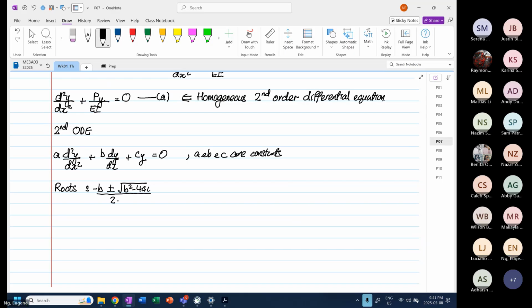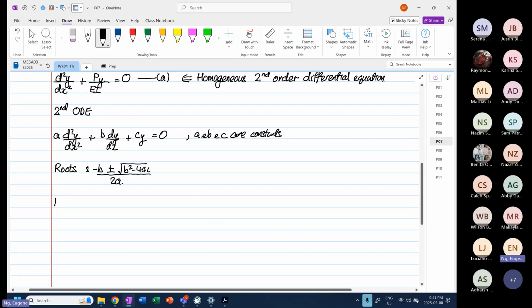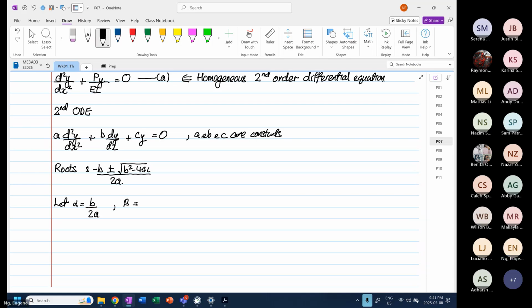Then a form that we can use is to let alpha be equal to b over 2a, and let beta be equal to the square root of b squared minus 4ac, divided by 2a.